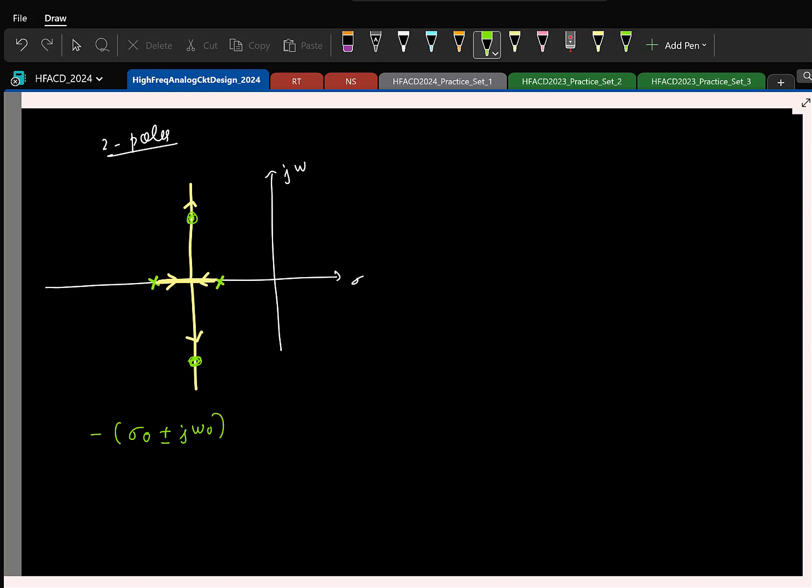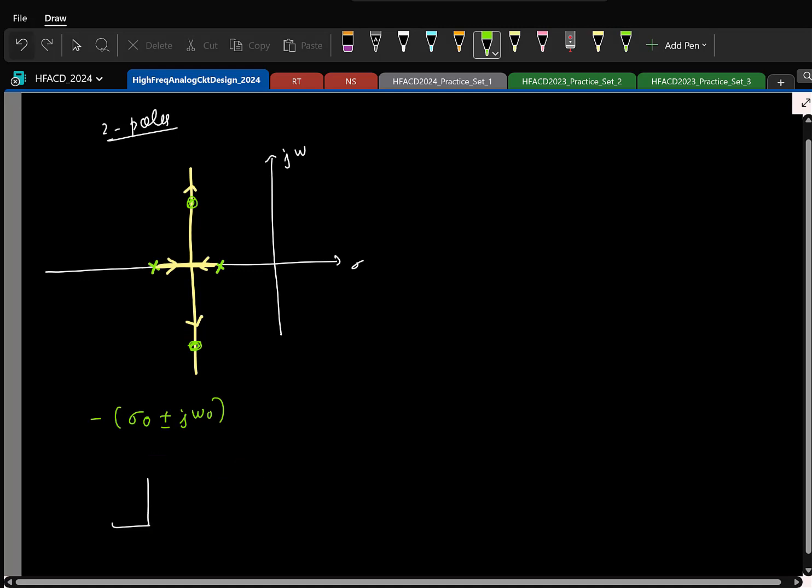If I apply a step to the closed loop system, ideally I would have wanted some nice exponential settling like this. But now if I have poles in the complex plane, how will the step response look? It will have some sinusoidal ringing portion.